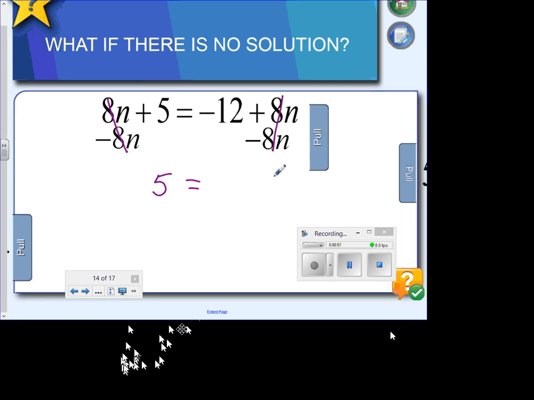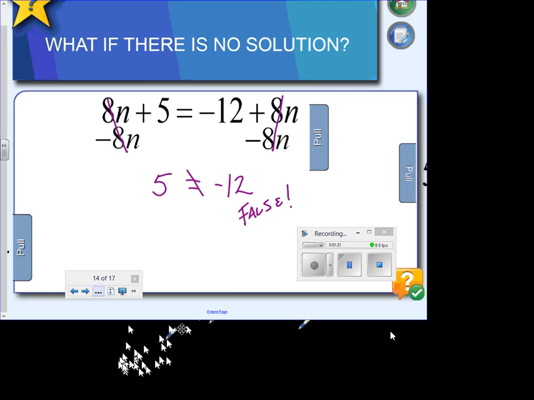And I'm left with a statement that says 5 is equal to negative 12. Then you have to ask yourself, does 5 equal negative 12? And of course it does not. This is not true. This is a false statement, right? 5 does not equal negative 12.